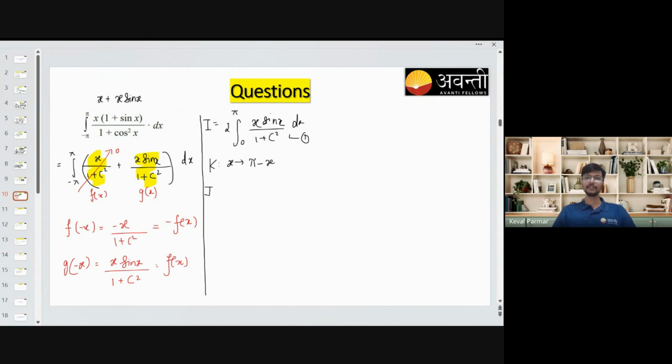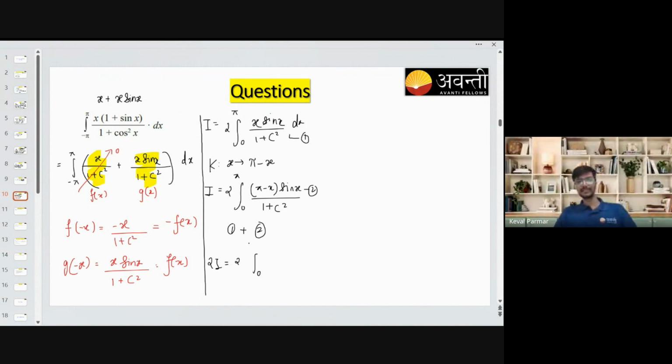The value of integral will not change, so I'll get 2 times integration 0 to pi (pi minus x) sine x, because sine pi minus x is sine x only. Usually after that we add 1 plus 2. After adding, what we'll get, guys? We'll get 2I is equals to 2 times integration 0 to pi.